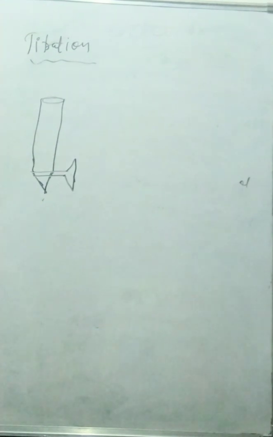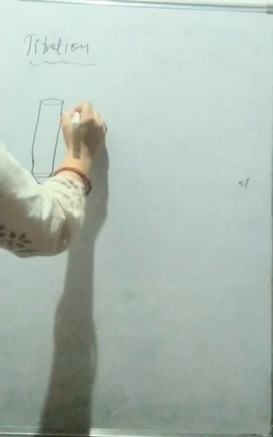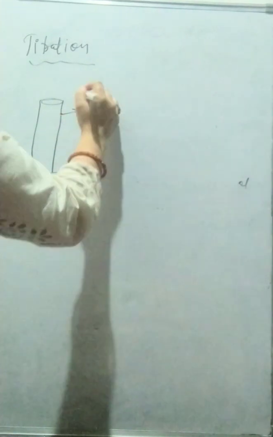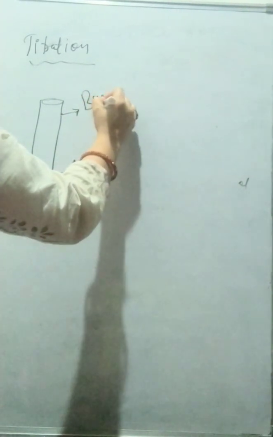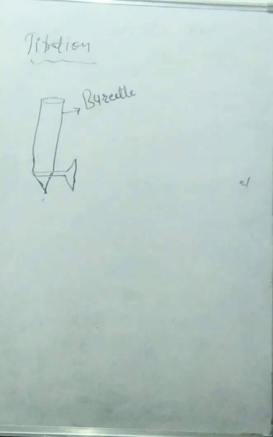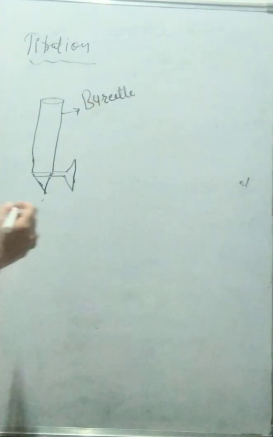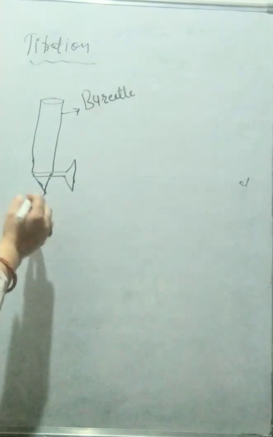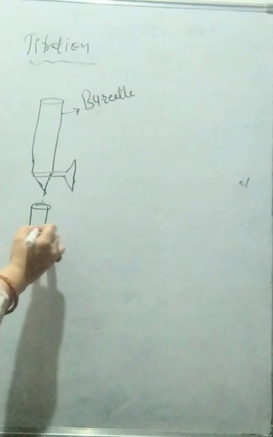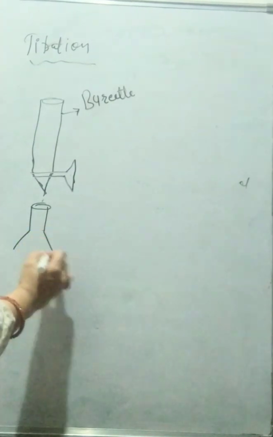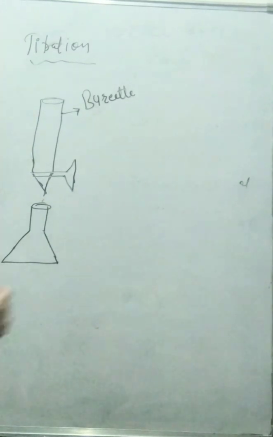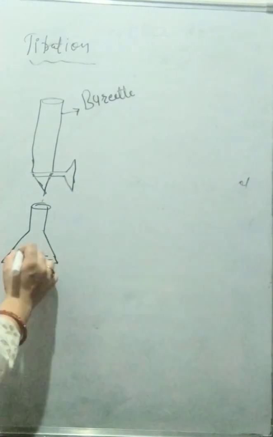So this is a burette. What is this? This is burette. Okay. And this is conical flask.